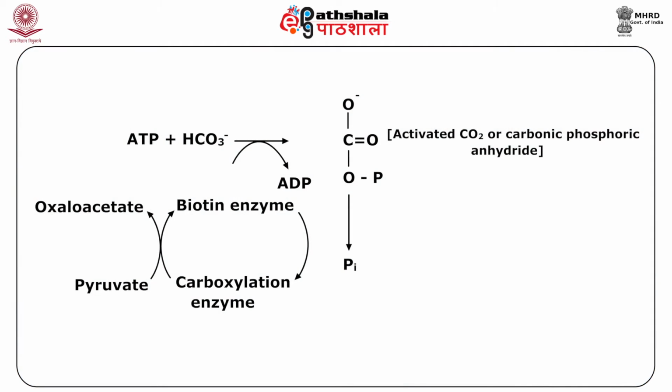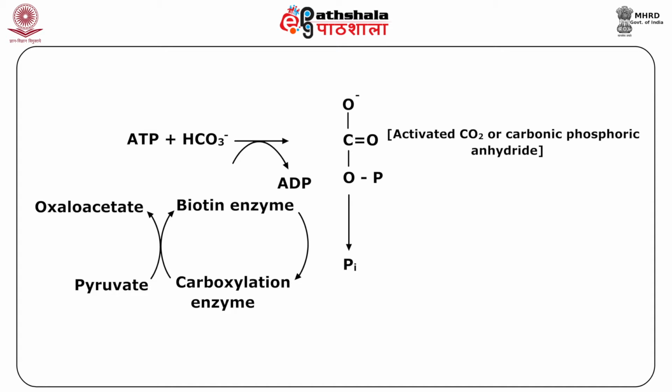Now students, this reaction with the help of ATP is basically shown to you here in this figure. As you can see that pyruvate is converted into oxaloacetate. On the other hand, carboxylation enzyme is doing this and along with the biotin enzyme with the consumption of ATP.